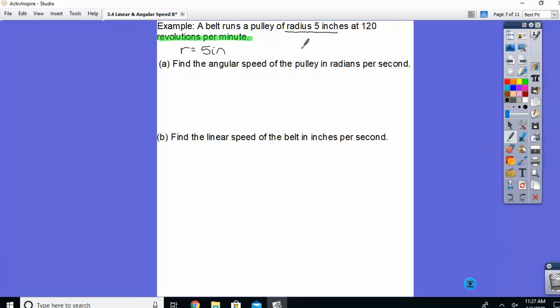So revolutions per minute is an angular velocity. Angular velocity will either be radians per something, degrees per something, revolutions, or rotations. Those are really the only options I can give you there.